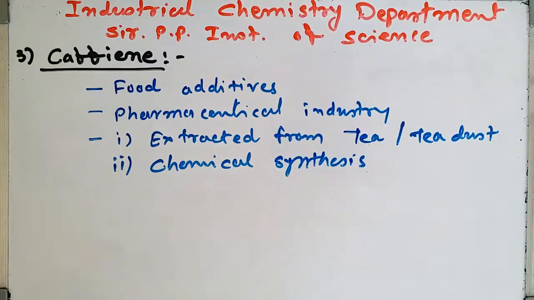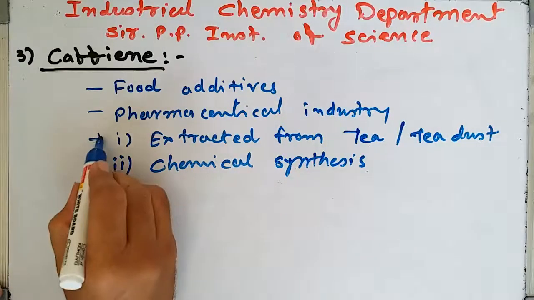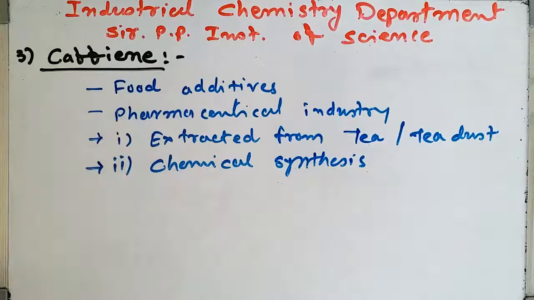Industrial manufacturing is by the synthetic route, a chemical process. So both are possible for caffeine.